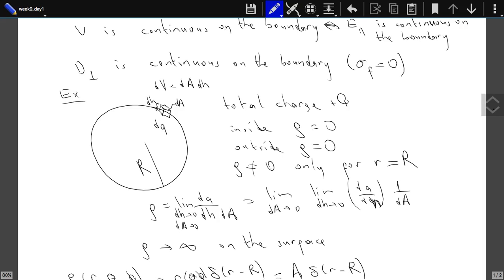So once we show these two properties, we can be confident and say that the charge density has to be a Dirac delta function. In fact, just proving that it goes to infinity on the boundary and is zero almost everywhere except on the boundary, we are actually proving that it is a Dirac delta function.